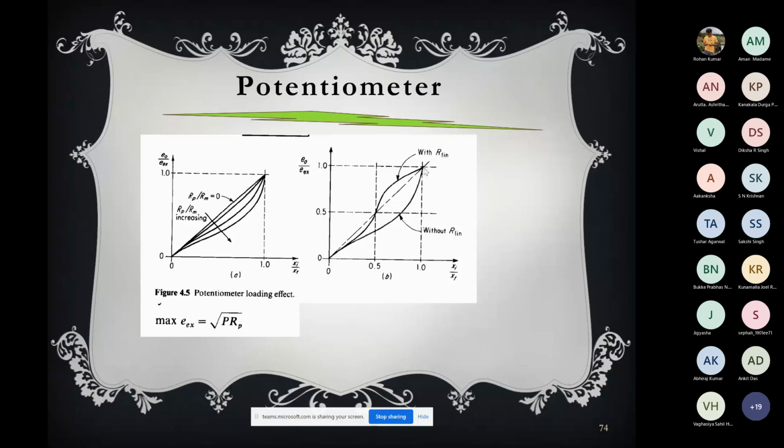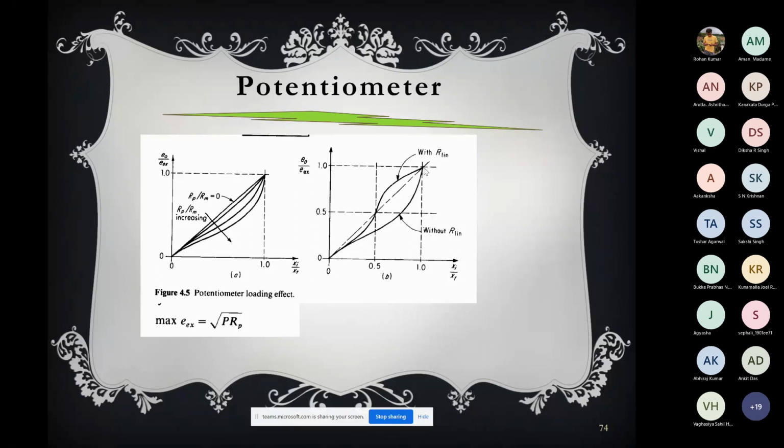Now there is another aspect. Tell me if you understand. When no loading is present, the curve is a perfectly straight line passing through the origin. But in practice, the voltmeter will have some resistance, so Rm will not be infinity.